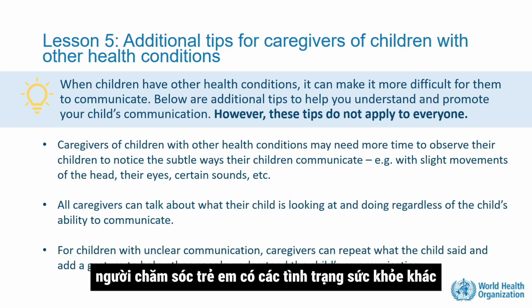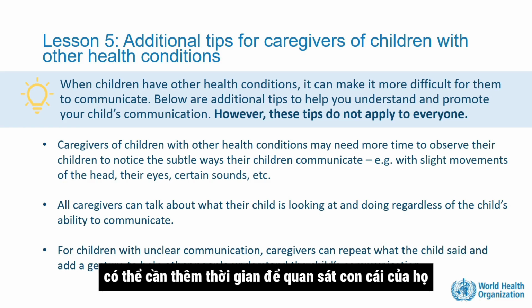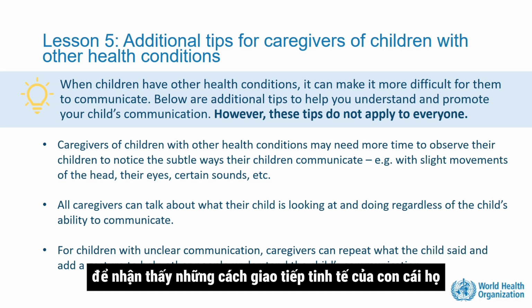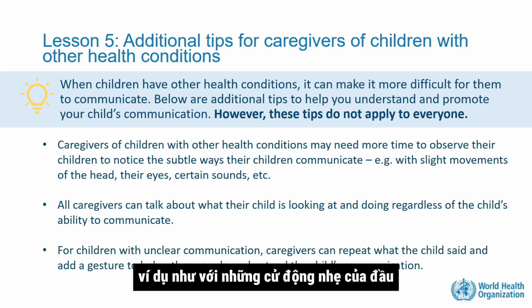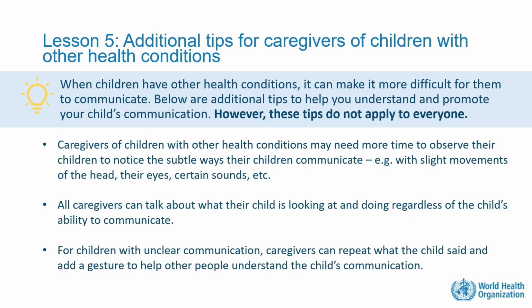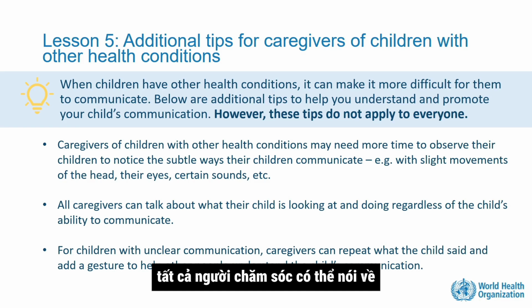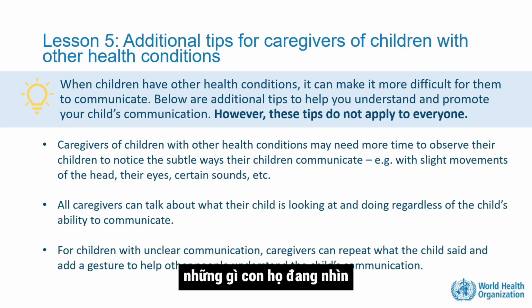Caregivers of children with other health conditions may need more time to observe their children to notice the subtle ways their children communicate. For example, with slight movements of the head, their eyes, certain sounds, etc. All caregivers can talk about what their child is looking at and doing, regardless of the child's ability to communicate.